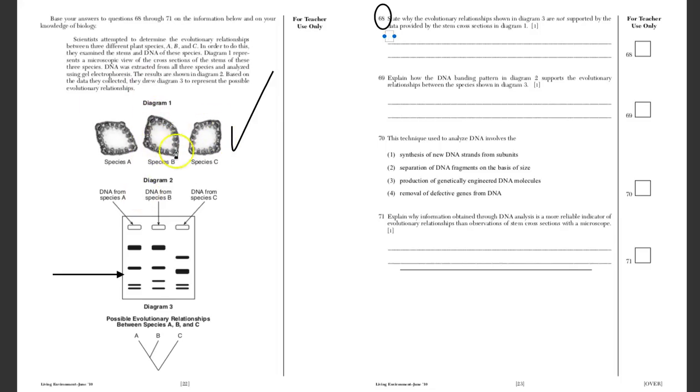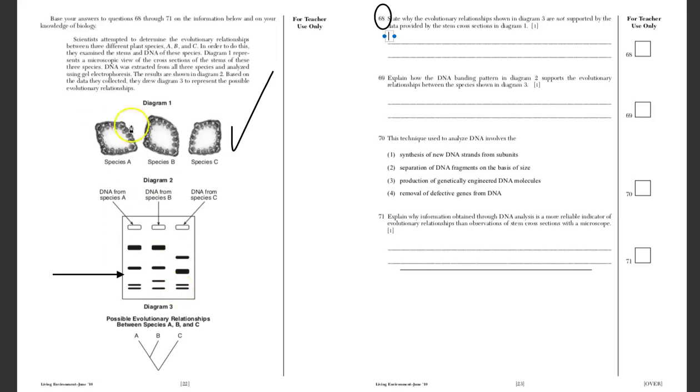To me, they all 3 of them look different. And let's see what it says here. In electrophoresis, it says that species A and B, wait, let's see. This shows that C has only 1 similarity.